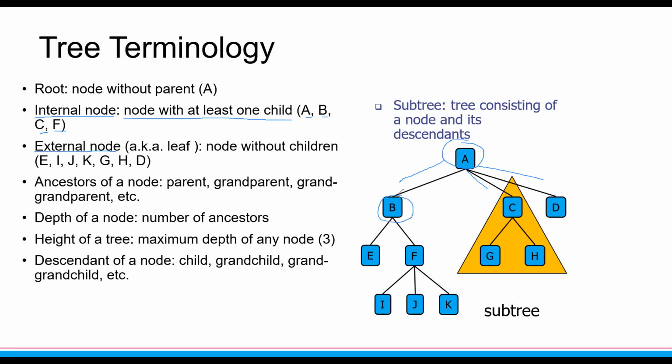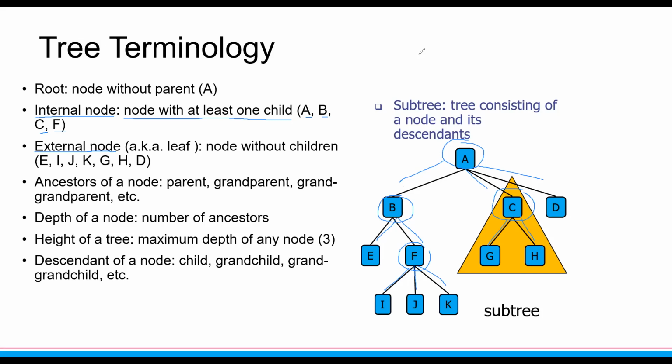B is also an internal node because it has two children. F is also an internal node because it has 3 children. C is an internal node because it has 2 children.